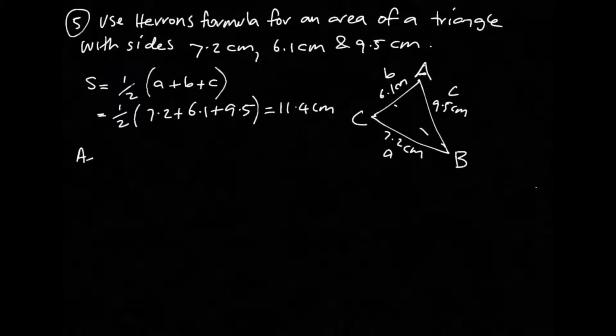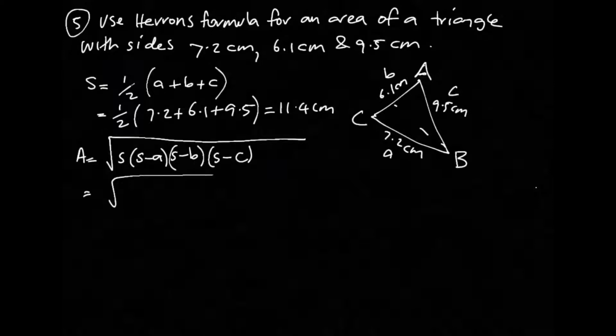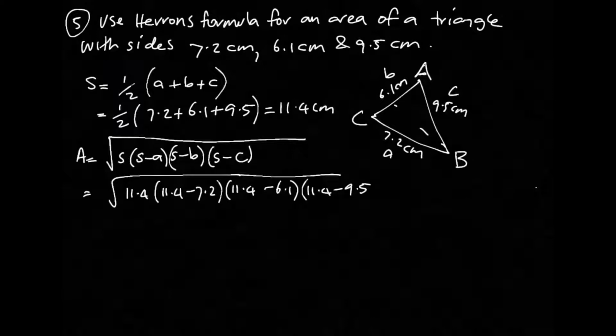Now the area, Heron's formula, is equal to the square root of S times S minus A times S minus B times S minus C, which equals the square root of 11.4 times 11.4 minus 7.2 times 11.4 minus 6.1 times 11.4 minus 9.5.